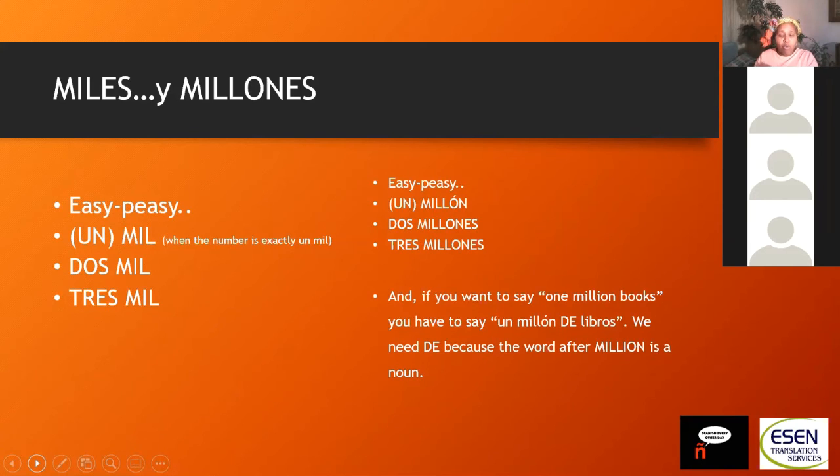You don't say un millón libros. You have to say un millón de libros, un millón de casas, un millón de dólares. So when you have the number, un millón, and it's followed by a noun, person, place, or thing, you need the word de between the number and the noun. Shall I repeat that?